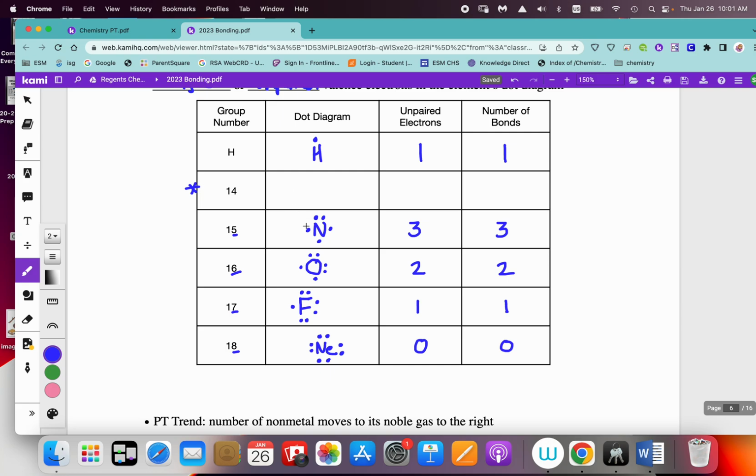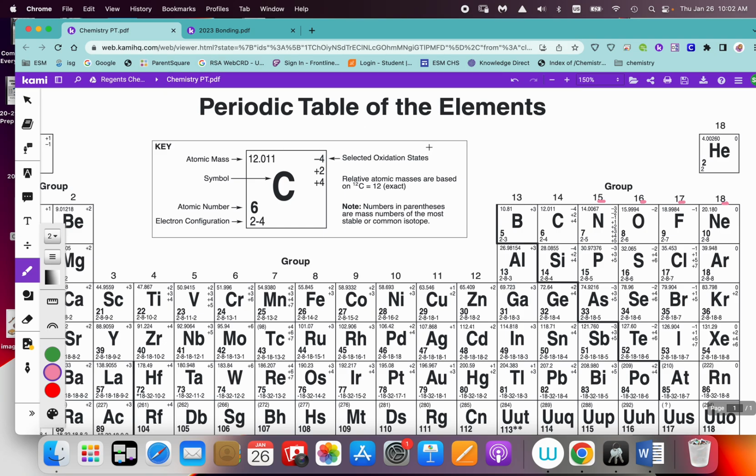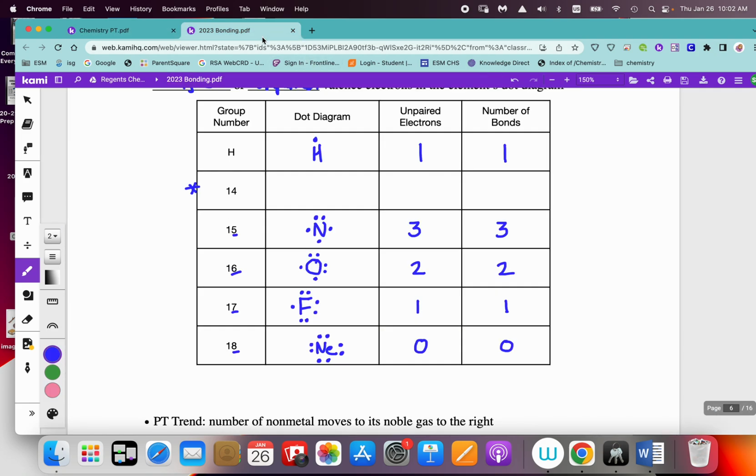Now, group 14. If you follow the pattern, group 14, like carbon and silicon, they end in 4, so they each have 4 valence electrons. Without going into a lot of explanation, group 14 wants to maximize their bonds, so they form what are called hybrid orbitals.